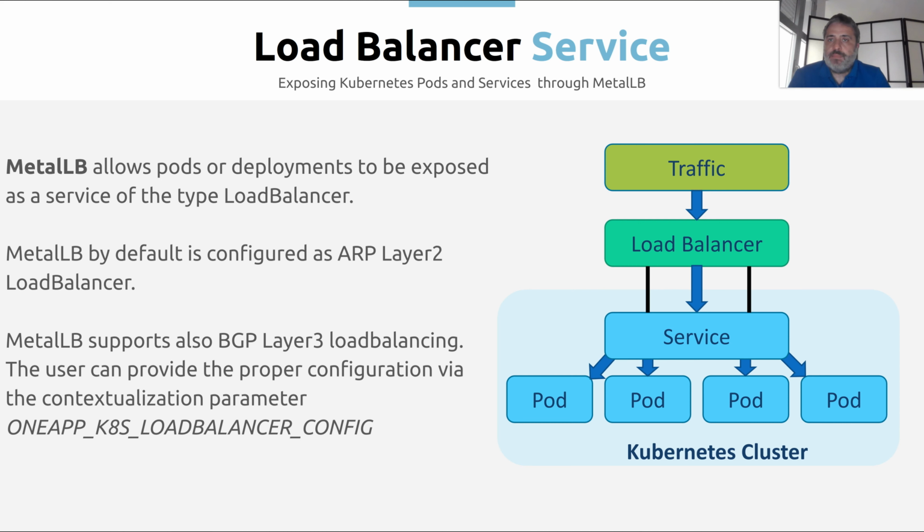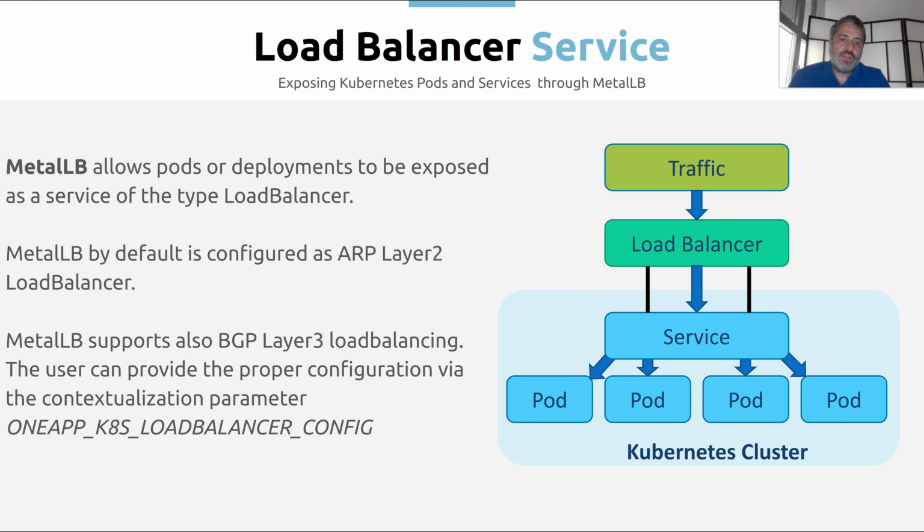So if you set up this dynamic routing protocol, when you instantiate the Kubernetes cluster, you can provide the configuration by using a contextualization parameter, and you can use base64 encoding for your configuration file.